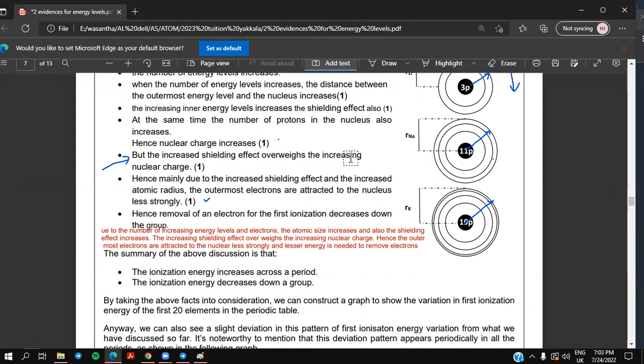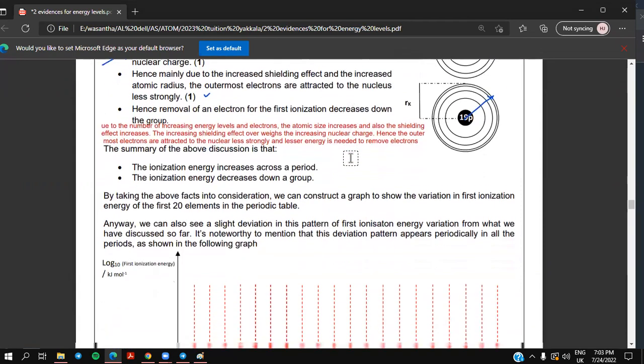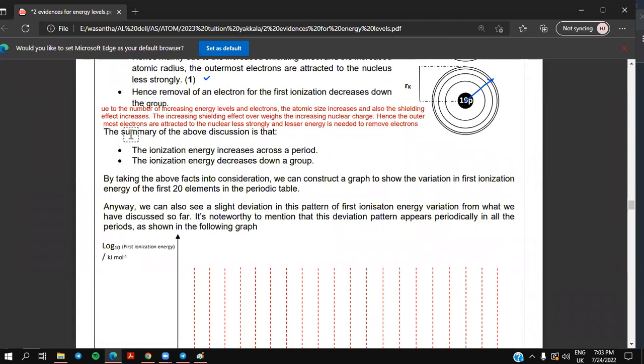Now, again, I'm talking about the summary. The summary of the above discussion is that the ionization energy increases across a period. The ionization energy decreases down a group. Please remember. So in this part of the lesson, I tried to explain how we can explain the general variation in first ionization energy across the period and down the group.